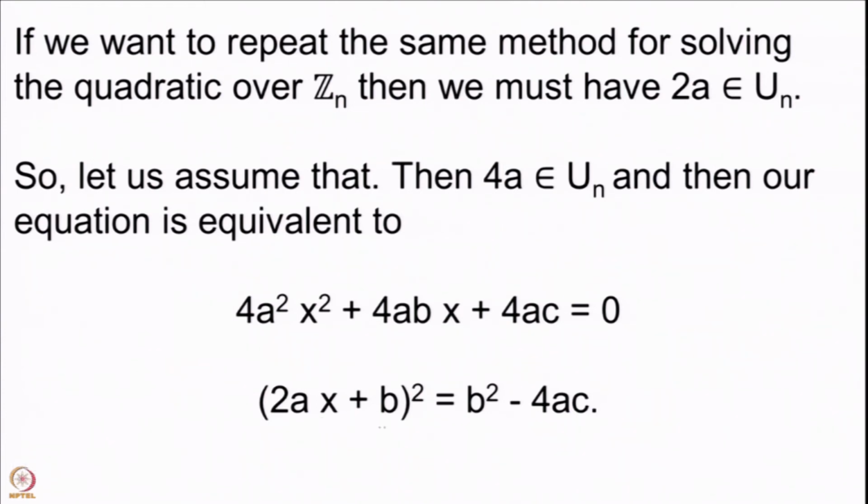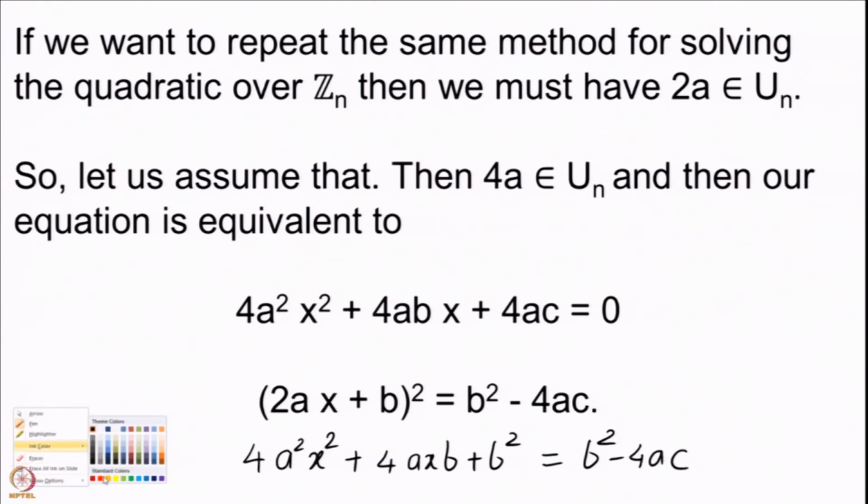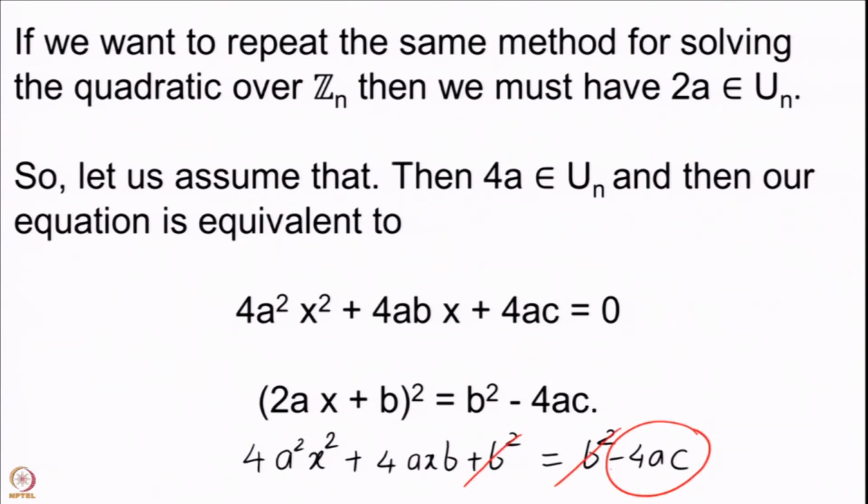Let us just check that the squares on this side are 4a²x² + 4abx + b², and on this side you have 4b² − 4ac. We will cancel the b² on both sides and bring this −4ac to this side to get the equation that we have.